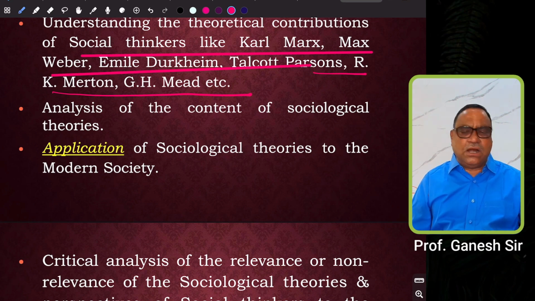For example, with regard to power and state, there are certain theories: the functionalist theory of power propounded by Talcott Parsons, the Marxian conflict theory of power, the pluralist theory of power by de Tocqueville, and the neo-Marxist theory of power by Antonio Gramsci and Nicos Poulantzas.